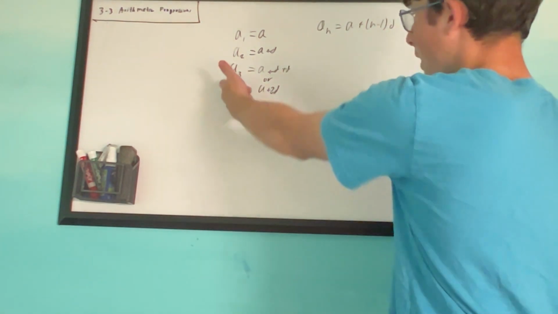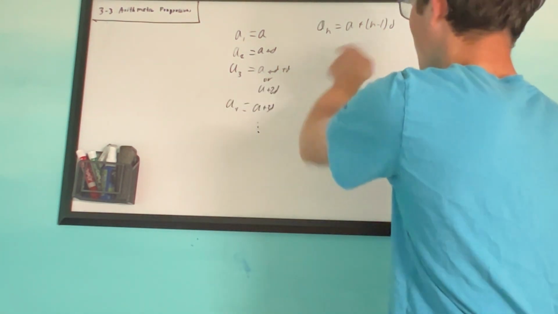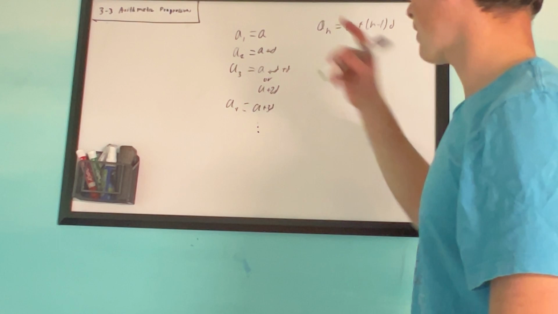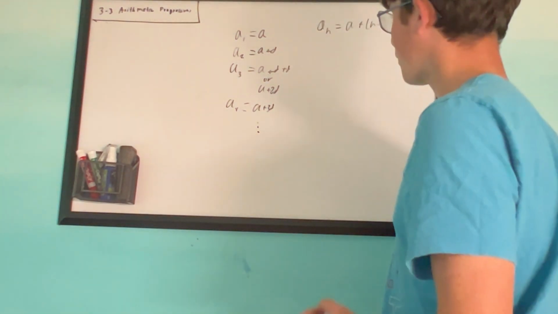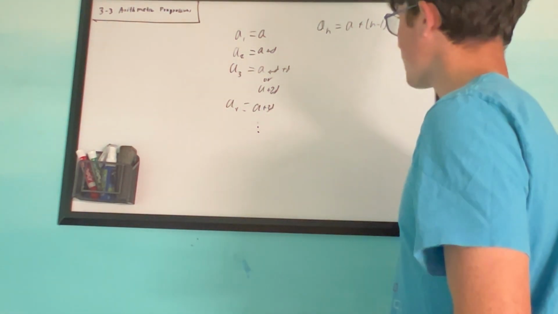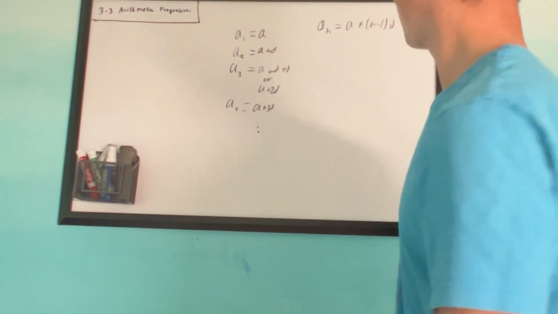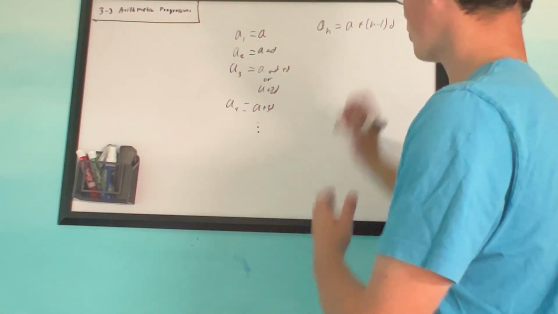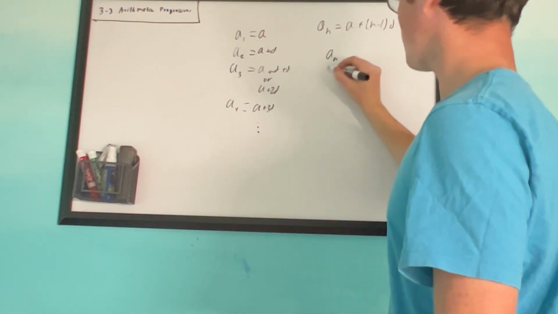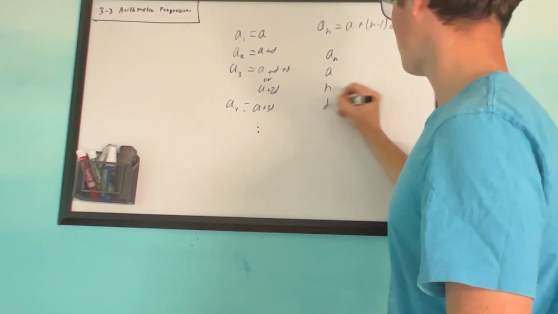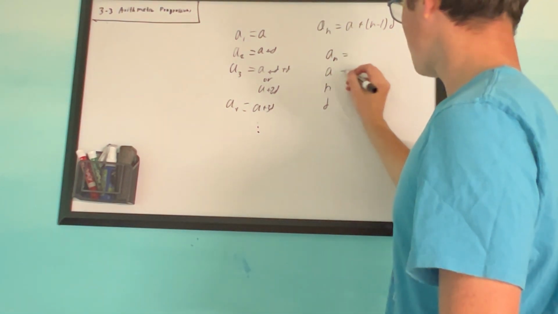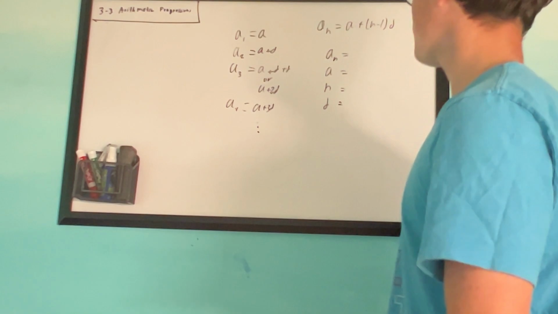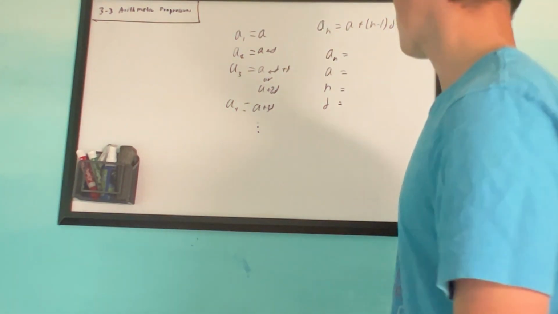So if you look at this, a sub 3 equals a plus 2d. And this allows us to find one of any 4 variables: a, a sub n, n, and d. Given any 3 of these, we can find the 4th one.